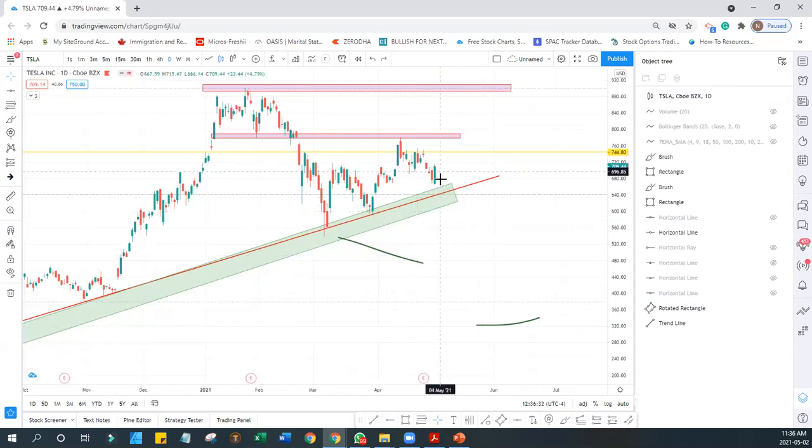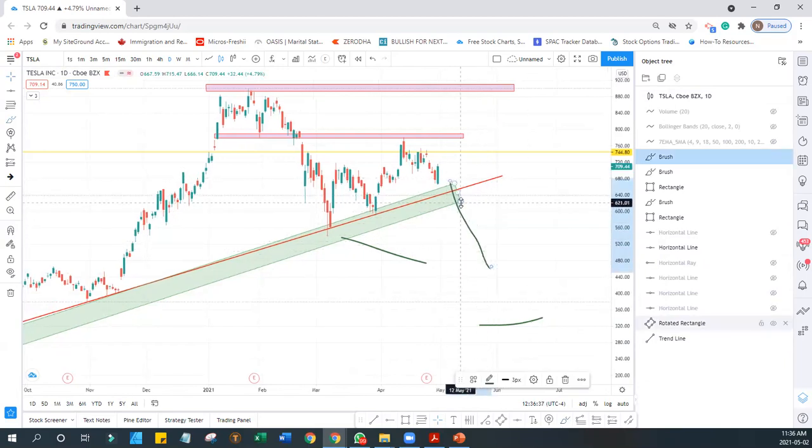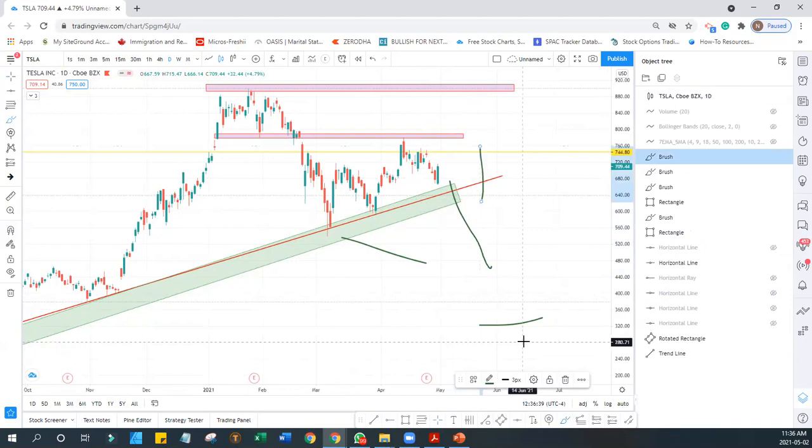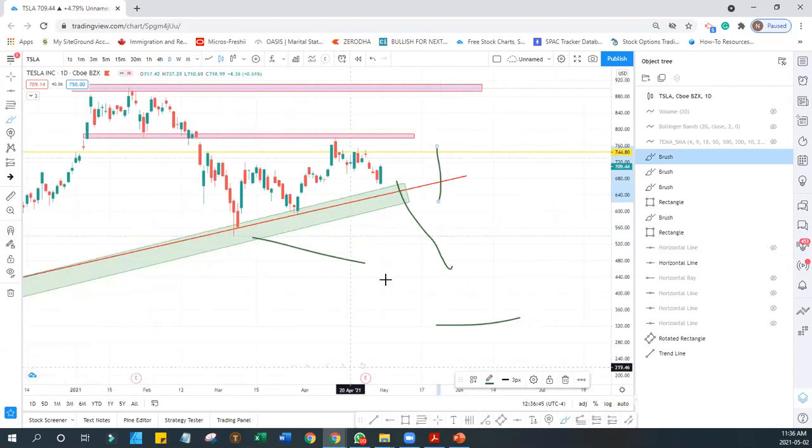Say, for example, if Tesla falls from here, then it will be very difficult for Tesla to go up from that point, because this will be the area of sellers. Now the green part you are saying is the area of interest for the buyers. Don't get confused with supply, demand, anything.